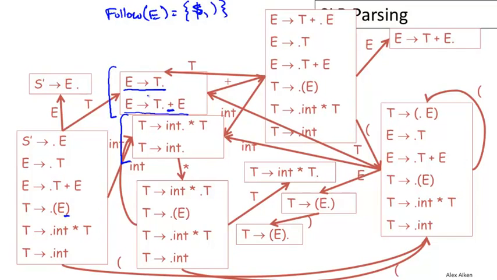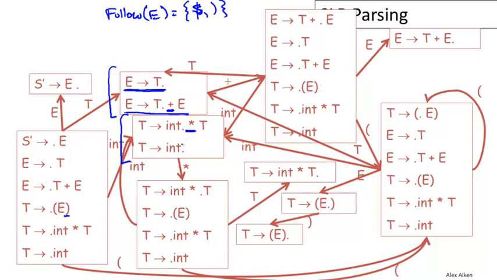So in this particular state, we are going to reduce if either we're out of input or the next token is a closed paren, and we'll shift if the next token is a plus, and in any other situation, we will report a parsing error. There's no longer any shift-reduce conflict in this state, and there's always a unique move for every possible input. The situation is similarly improved for the other state.